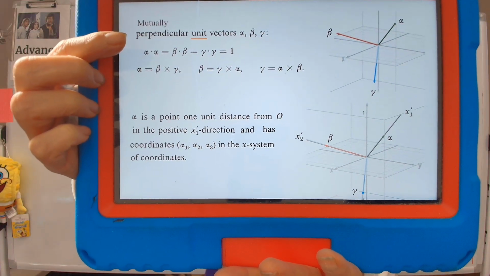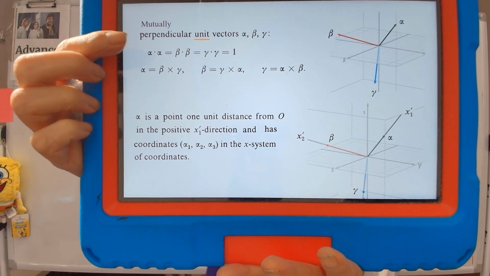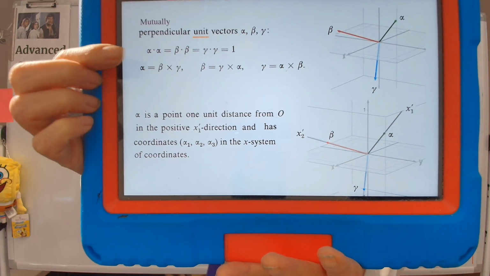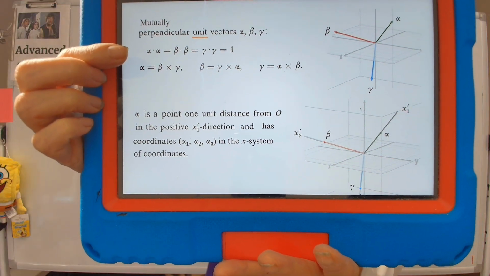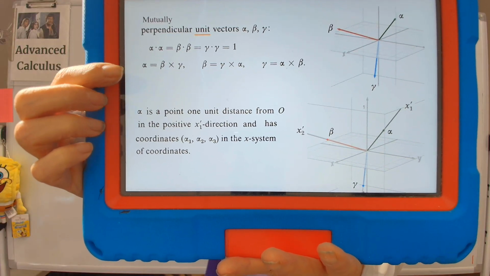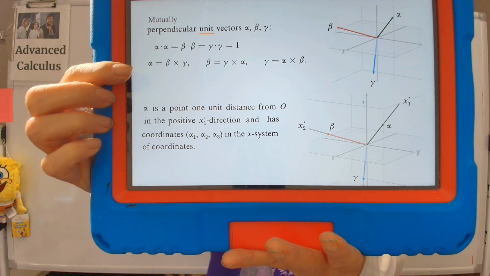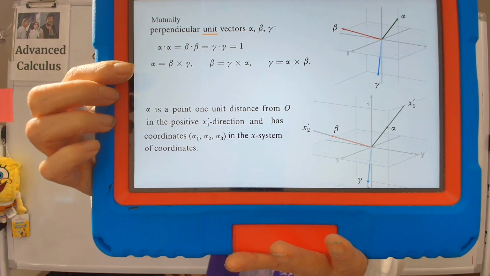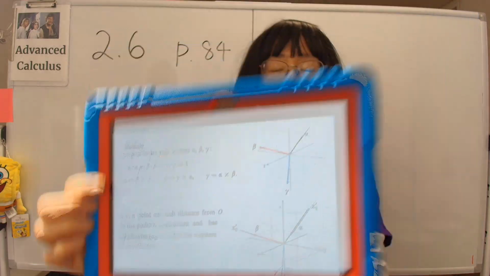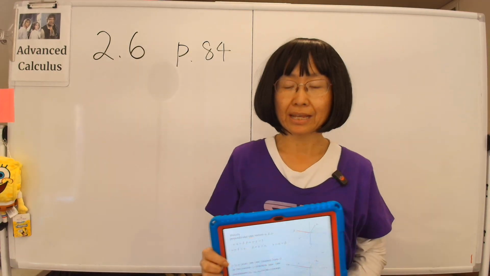We have alpha, beta, gamma. What are they? They are unit vectors who are all perpendicular to each other, such that each of them has the length of 1. And more importantly, alpha is beta cross gamma in that order, which means if you swing your hand from alpha to beta, your thumb is going to point at gamma. In other words, this follows the right-hand system.